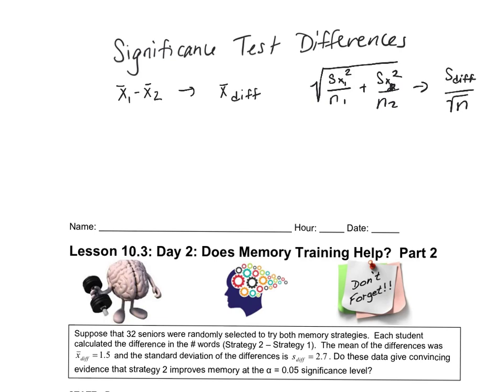So first things to realize is the sample size has to be the same for both, and they have to be kind of a before and after situation to help you. What's not going to change?